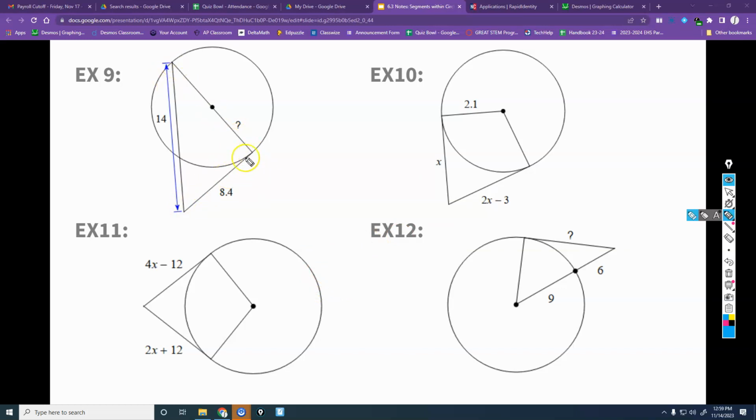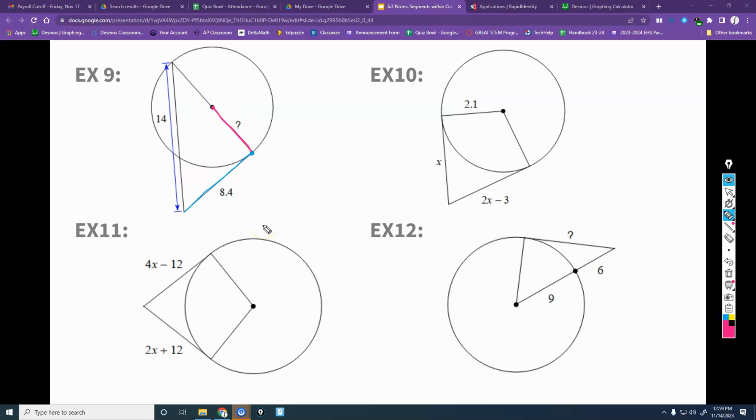They give us this side, and they're asking us about a radius right here. This looks like a right triangle. Do I know it is a right triangle? It's not marked, but this line right here is a tangent line that only touches the circle at one point. This line right here goes from the center to the edge.